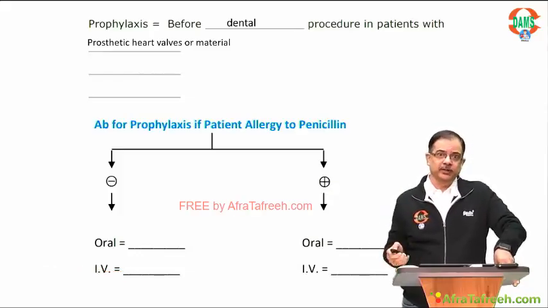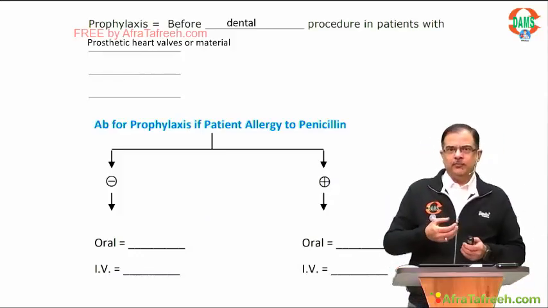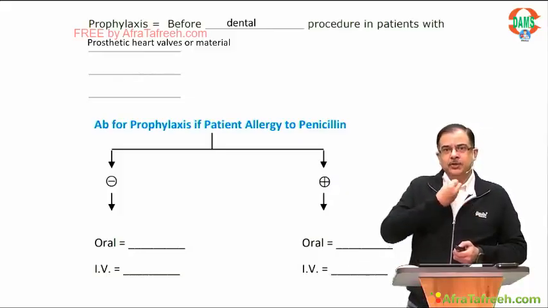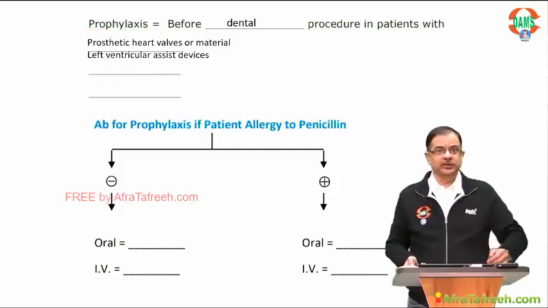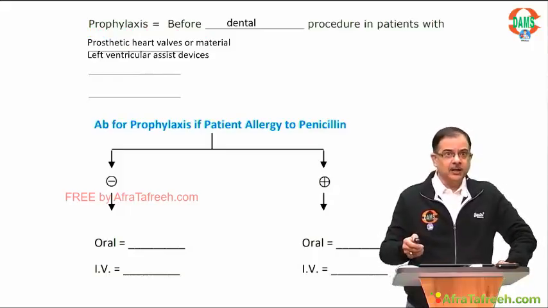The patient who has got a prosthetic heart valve, or patient who have got some left ventricle pump, artificial pump, which pump the blood from the left ventricle in CHF patients. So this is known as left ventricle assist devices.